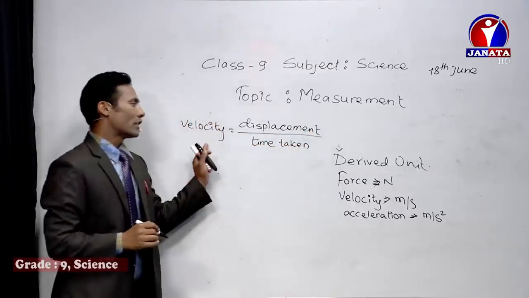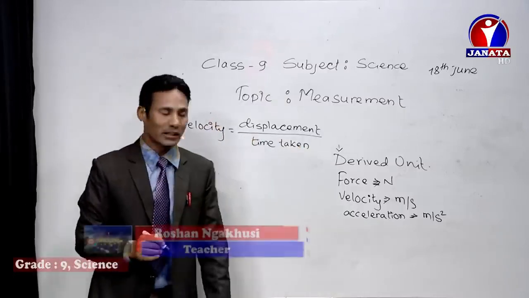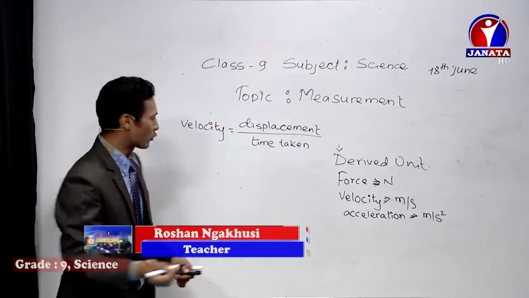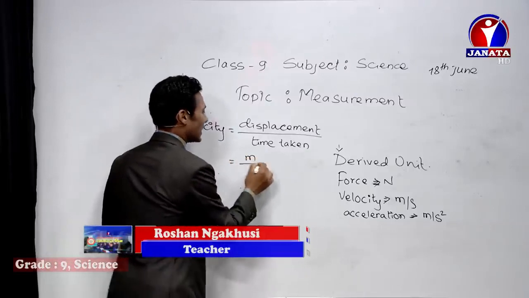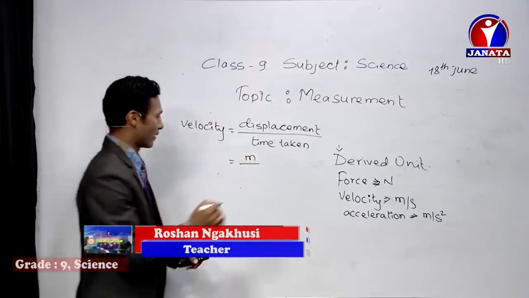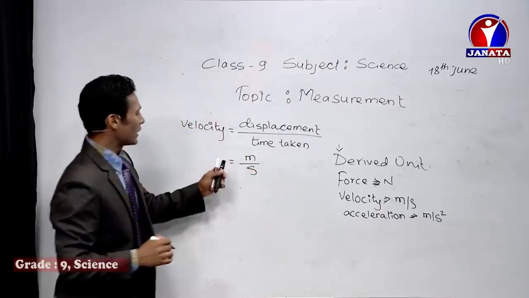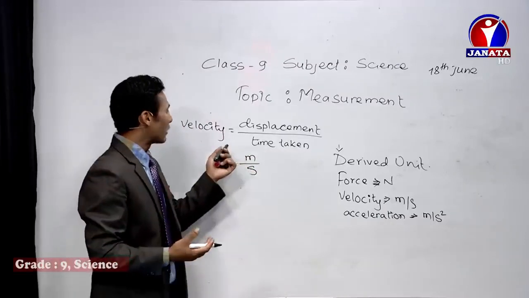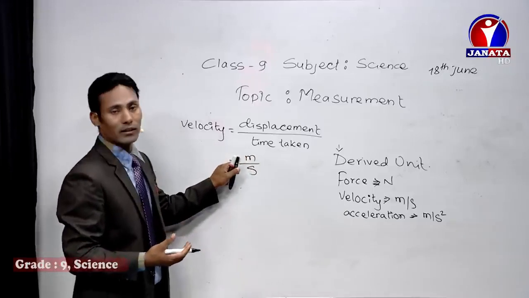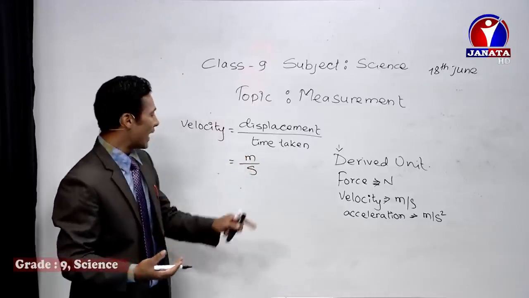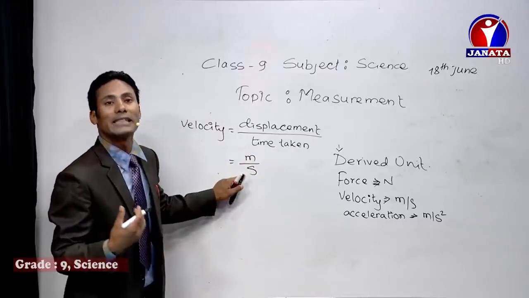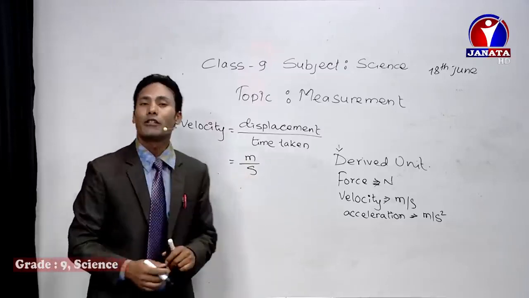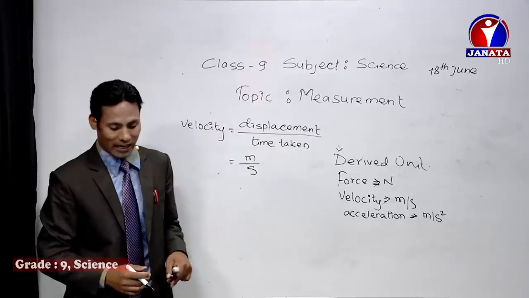Displacement is a length, so the unit is meter, and time is in seconds, right? So the unit of velocity is meter per second, and it is called a derived unit because it can be explained in terms of meter, the unit of length, and second, the unit of time. That's why the unit of velocity is also called a derived unit.